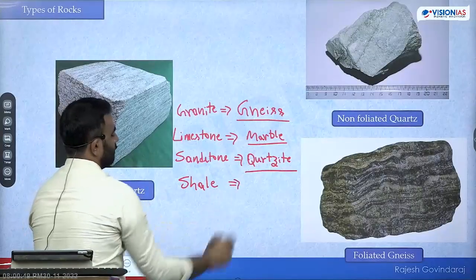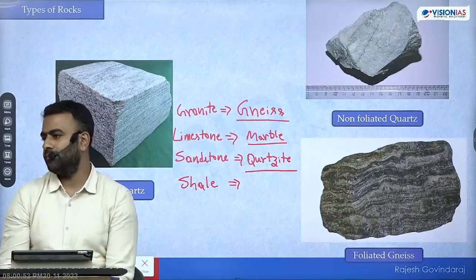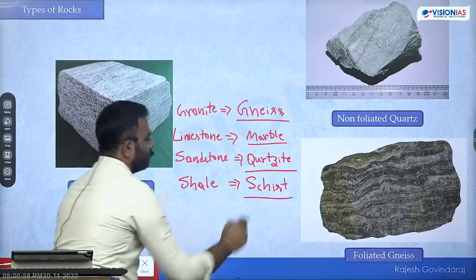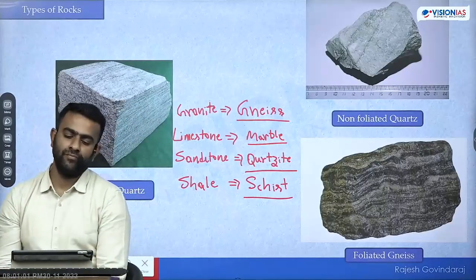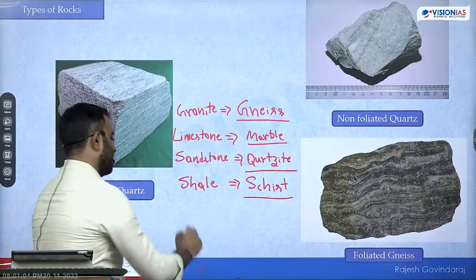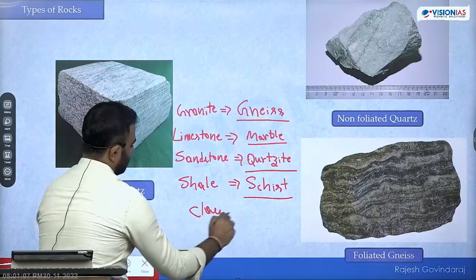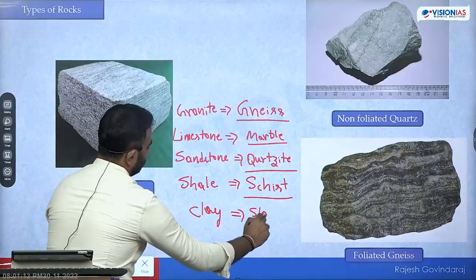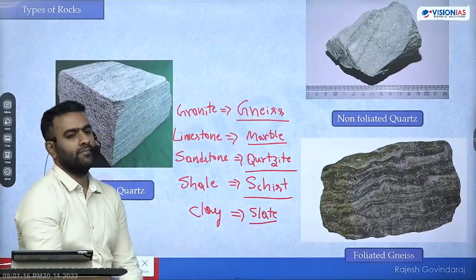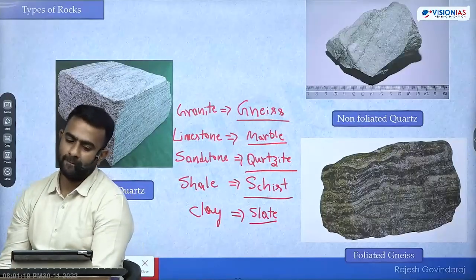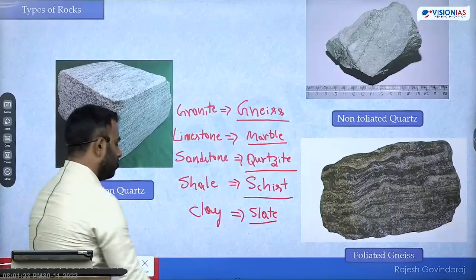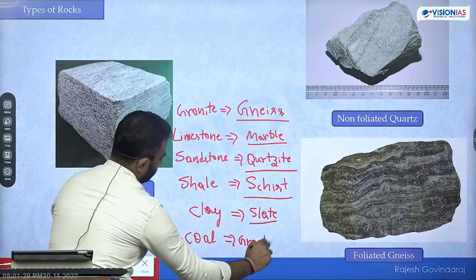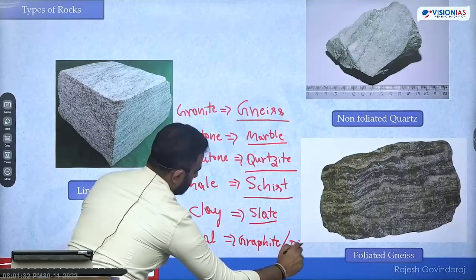Shale, schist. Clay, slate. Coal, graphite, as well as diamond.